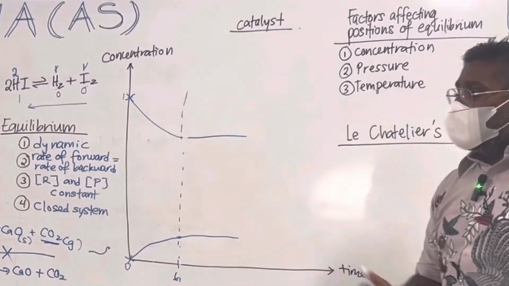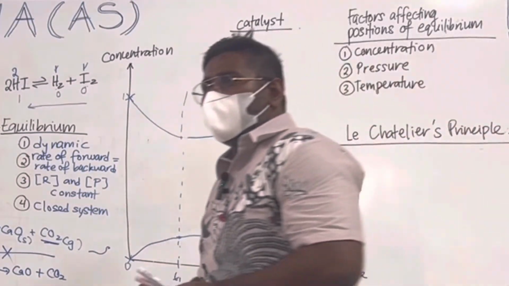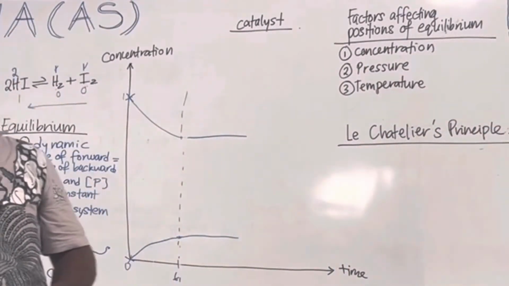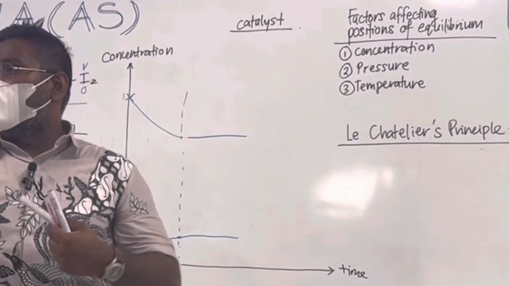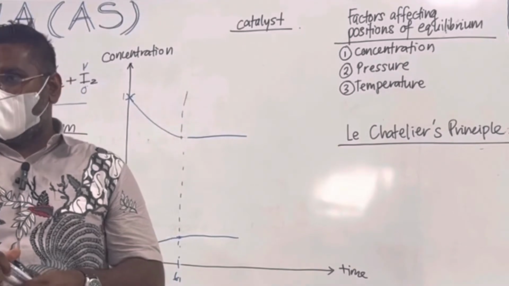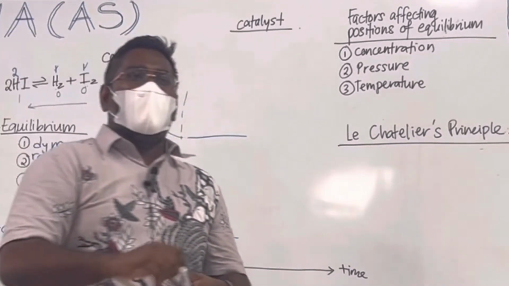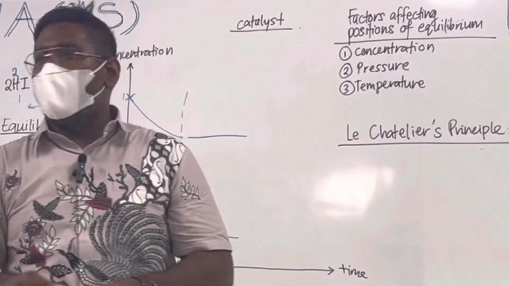Now, if you look at this particular reaction, let's say I decide to include a catalyst over there. What do you think will happen? Is only the rate of forward reaction going to be increased?